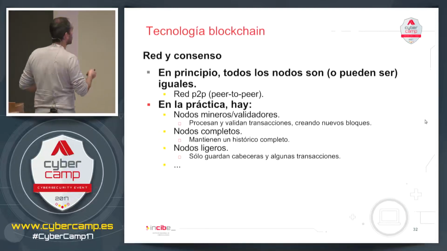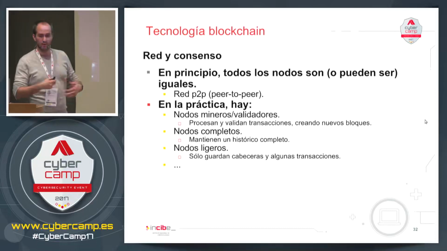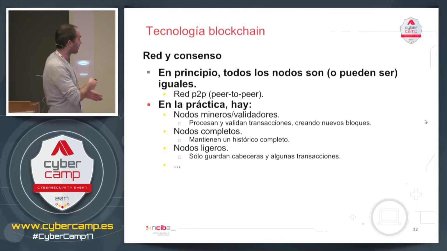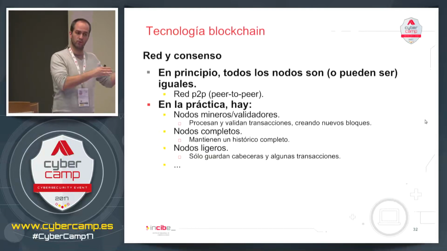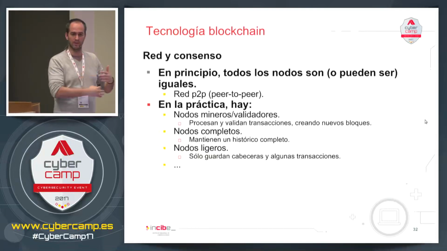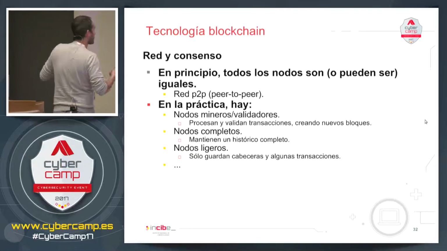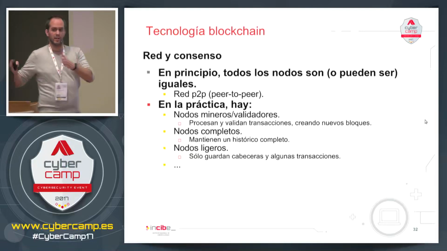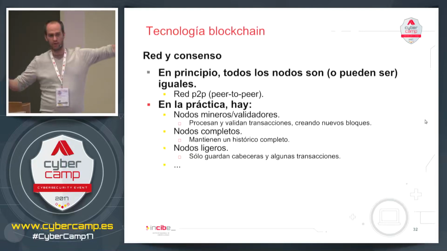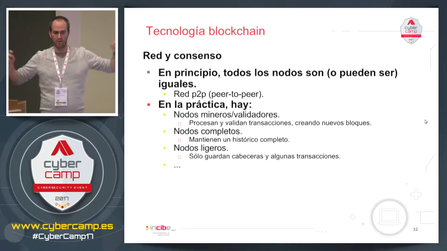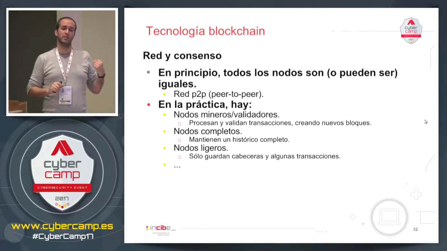In practice, there are different kinds of nodes. We've got the miner or validator nodes that generate the new blocks. They're called miners normally, because these are the ones that generate blocks. Then we've got complete nodes, which are the ones that have got the complete history, from block 0 to the current block, of all the changes in the blockchain.